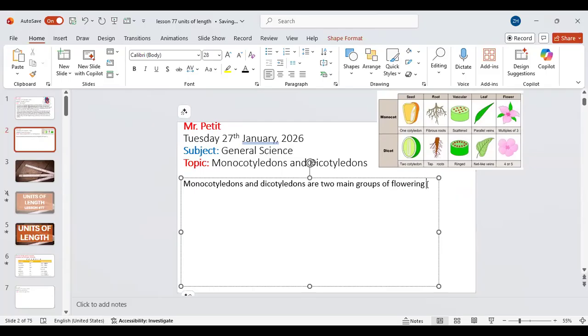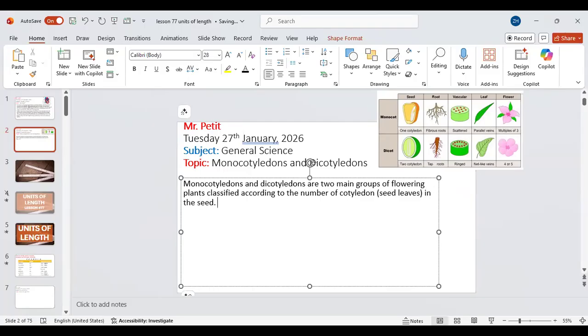They are basically angiosperms, right? So we have flowering plants classified according to the number of cotyledons, and cotyledons just basically mean seed leaves. That's what cotyledon means, in the seed.